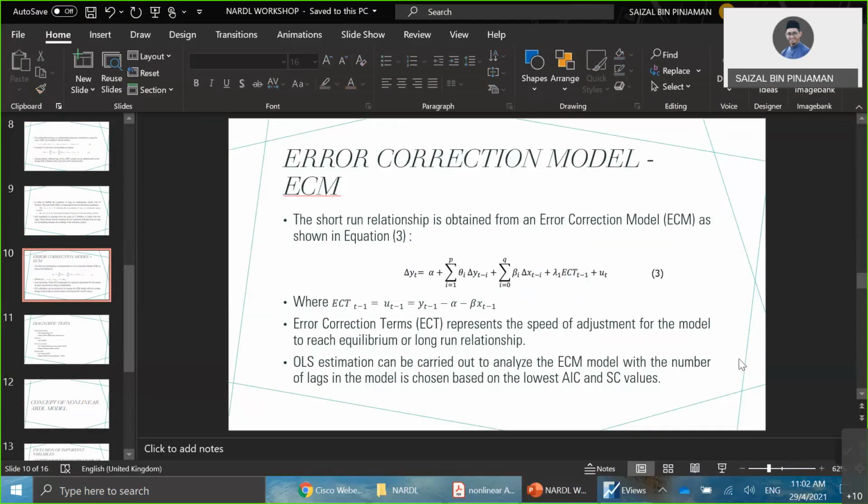Remember, the error correction term shows the speed of adjustment for the model to move back into the long run relationship or equation when short run shocks occur in our estimation.